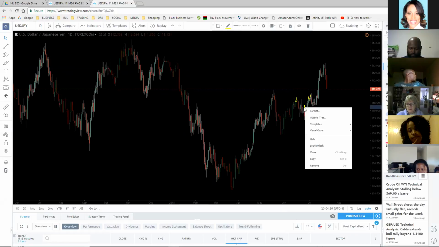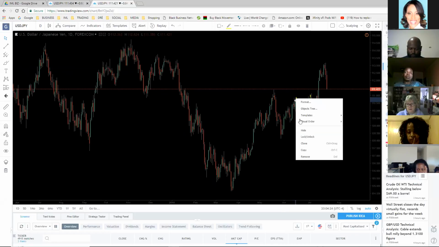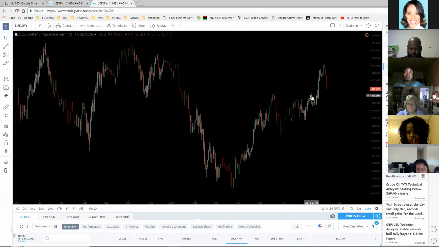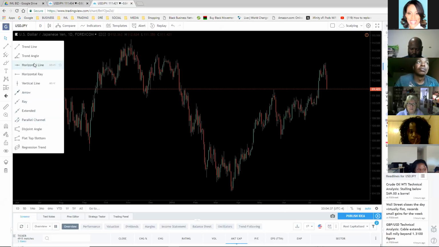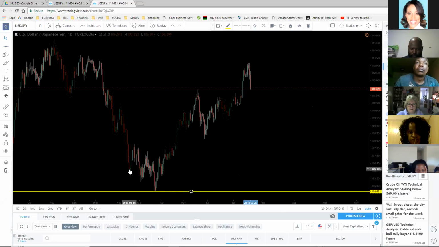All right, so let me just remove this other stuff. Okay. So my engulfing candle, starting from the bottom down here, I'm using this green candle here.